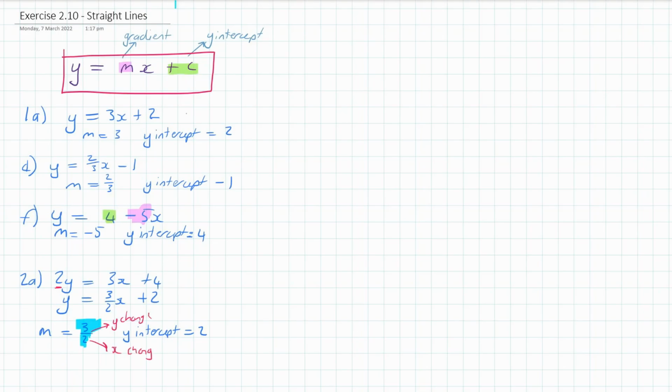So remember, gradient, we learnt this last year, is equal to the y change divided by the x change. So when you have a fraction, the numerator is your y change and the denominator is your x change.